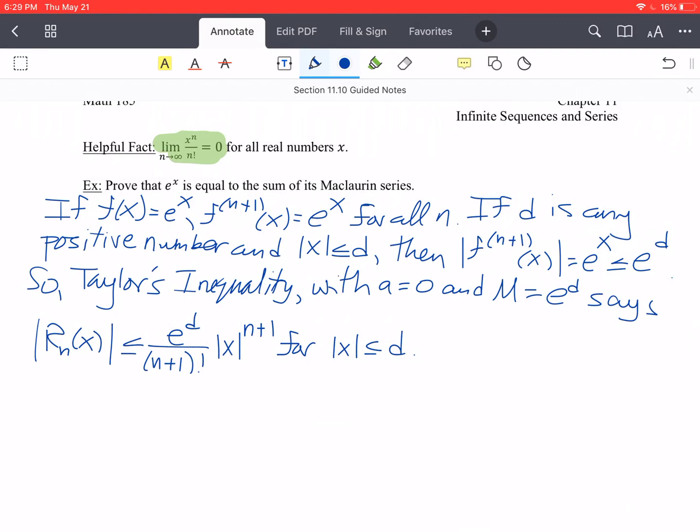Okay. Now, notice that no matter what value of n we're working with, because all those derivatives are going to be the same, they're always going to be e to the x, our value for m will always work for all n. Okay, so notice m equals e to the d works for all n.